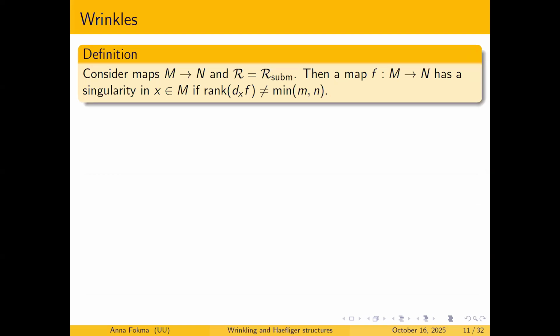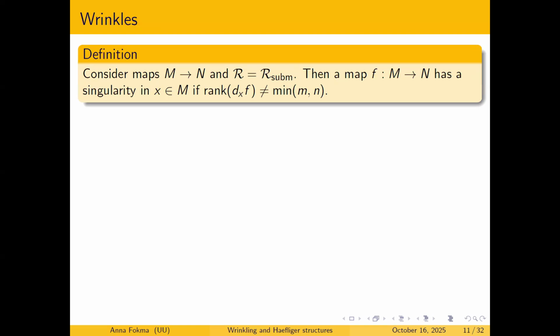So now I first want to introduce you to a specific type of singularity and argue that it's quite a mild singularity, because we do not just want to allow for any singularities. So let's again consider the submersion relation. Then a singularity just means that the map is not a submersion there.